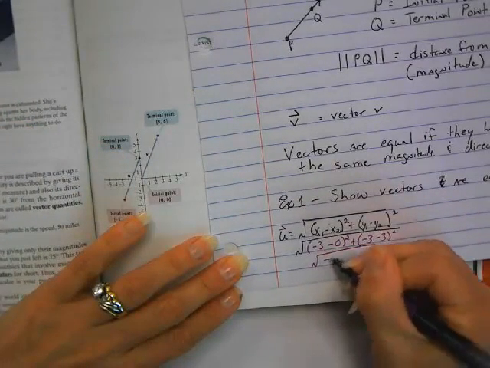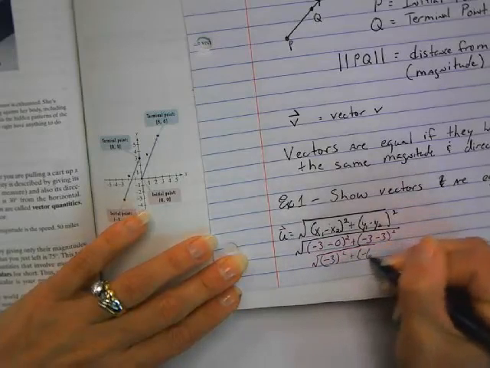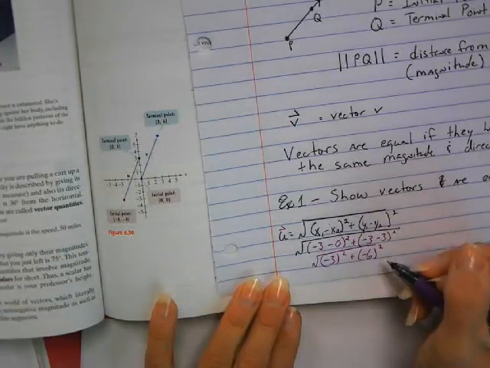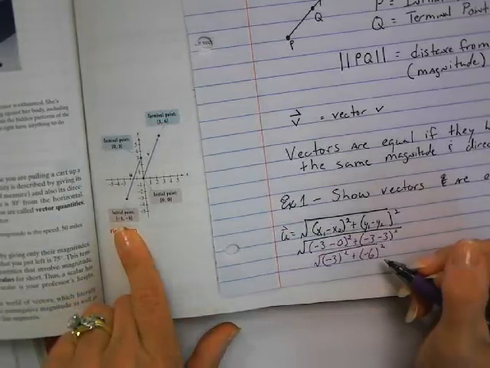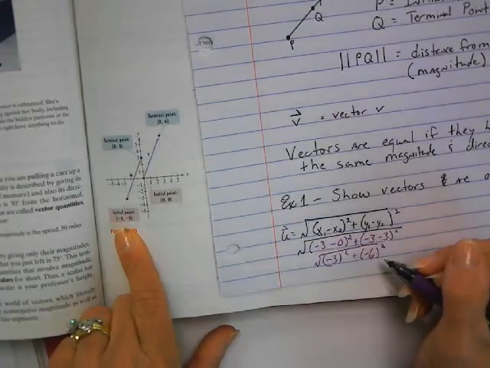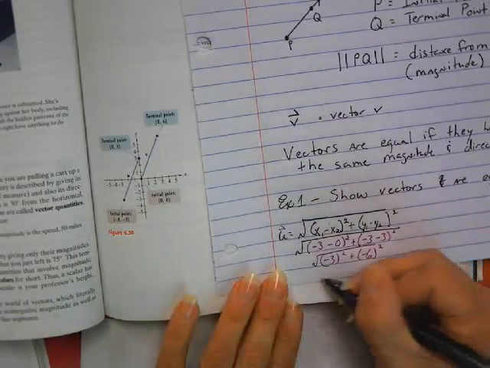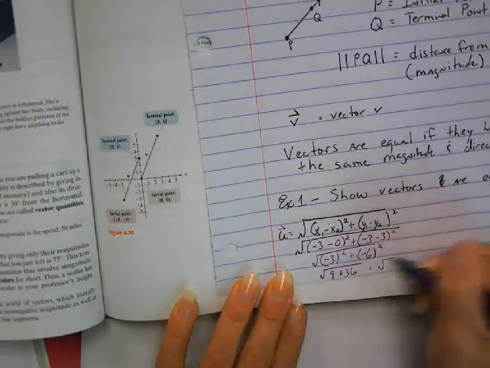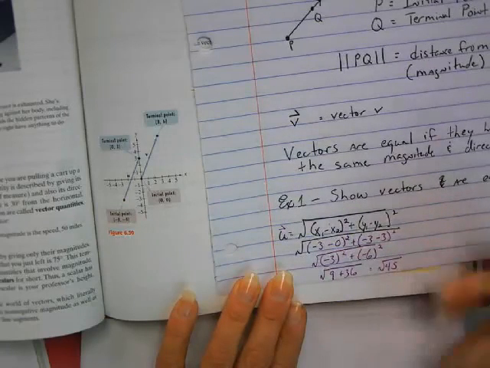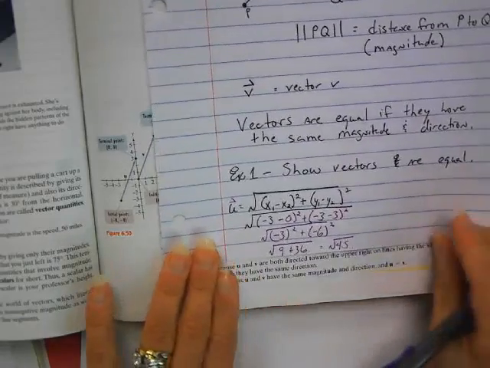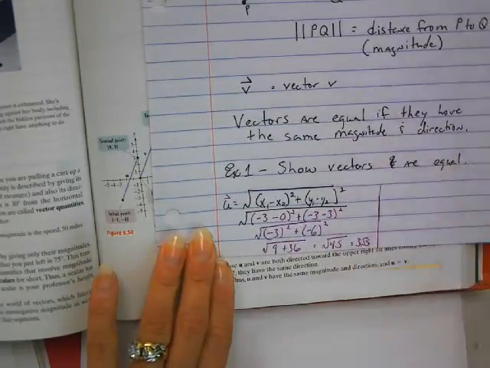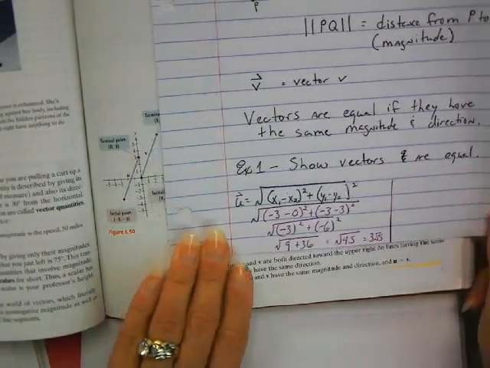So I get the square root of negative 3 squared plus negative 6 squared, so I get the square root of 9 plus 36, which is the square root of 45. And then let's clean this up. Do you agree that that's really 3 square roots of 5? Alright.